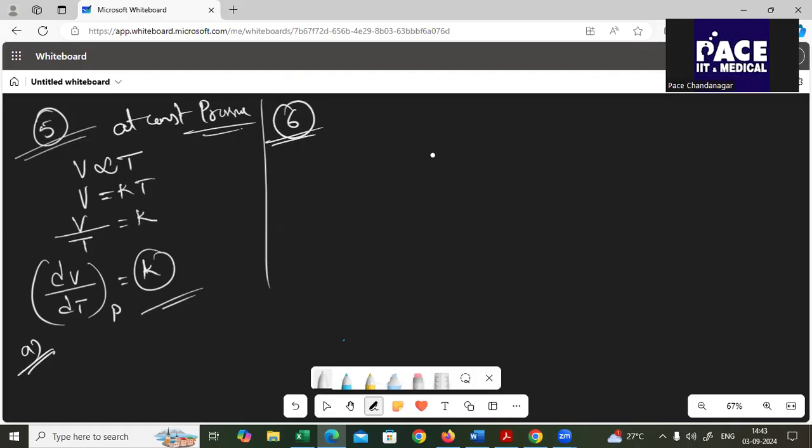Volume of the gas is 100 ml. You're given 100 ml at 100 degrees Celsius. If the pressure remains the same, then at what temperature will it be 200 ml? So always define them. This is V1 and this is T1.